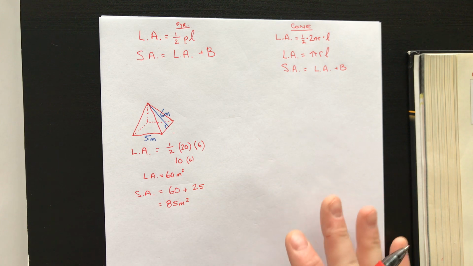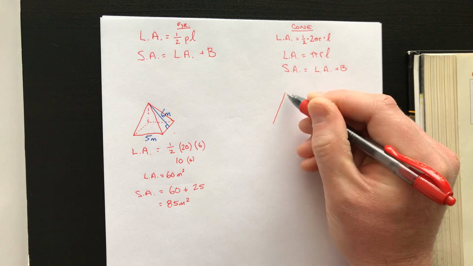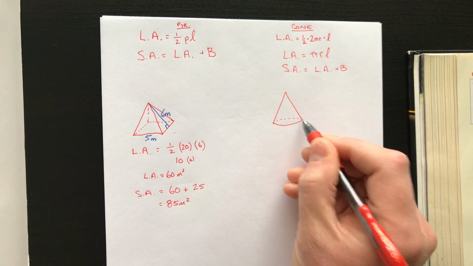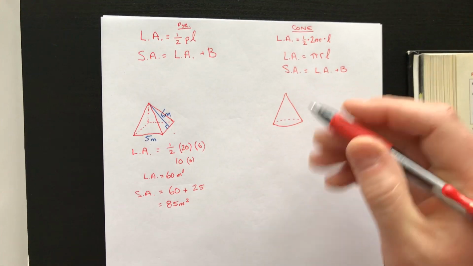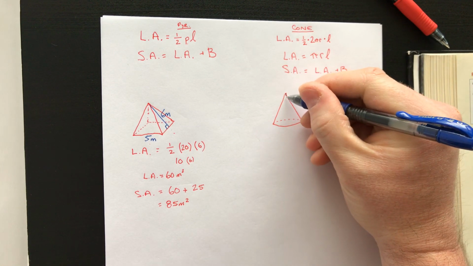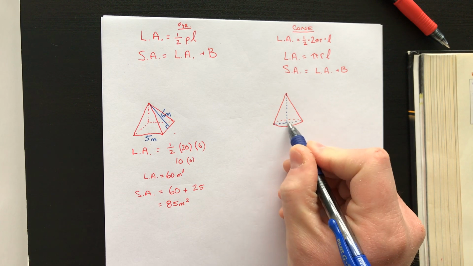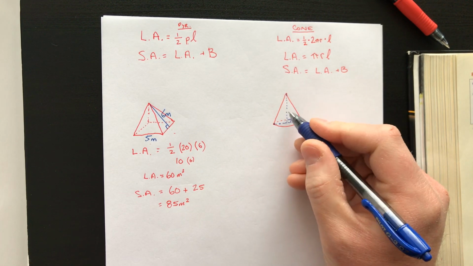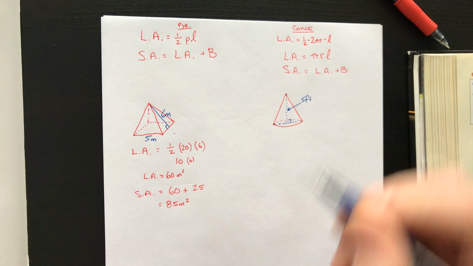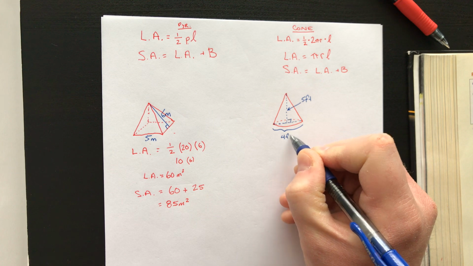Now, next one. We have ourselves a cone. All right, so they drop a line straight down here, and they tell us that this line here is 5 feet, and this whole thing here is 4 feet.